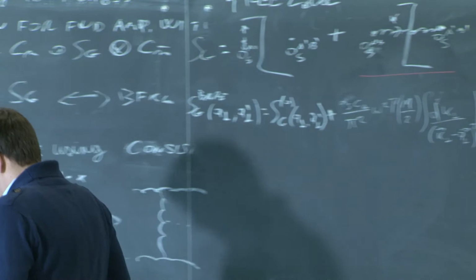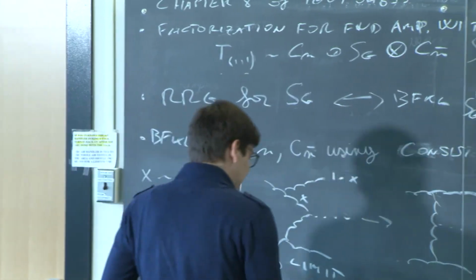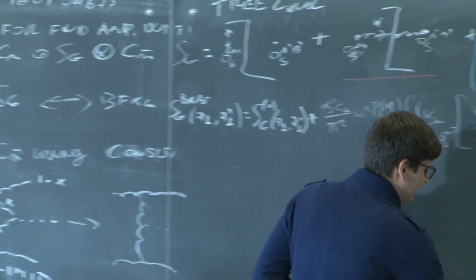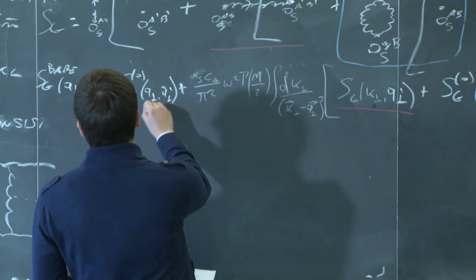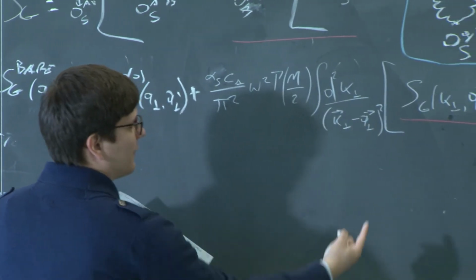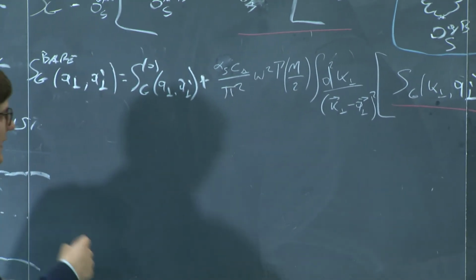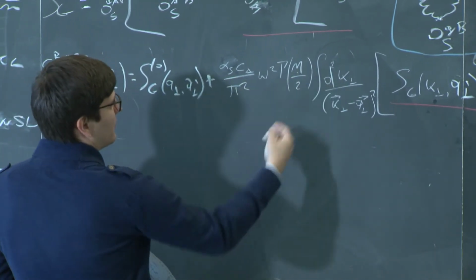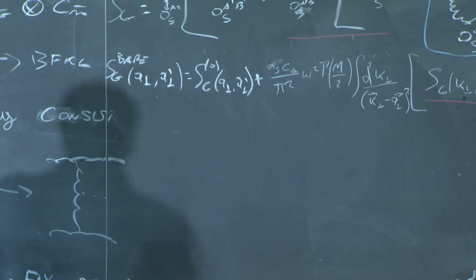So in this way, I can get the bare function from the expression. I have a 1 over epsilon pole. I need a counterterm to cancel that.